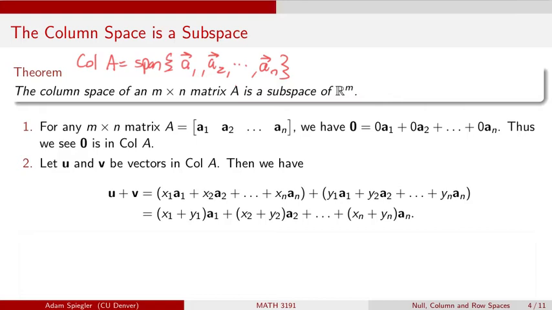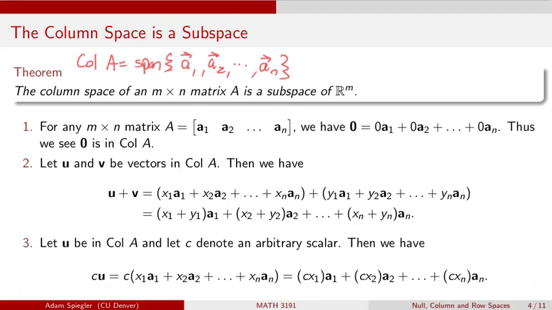So this is now the weight for column vector a1. And then I have x2 plus y2 times a2, and so on, all the way up to xn plus yn times column vector an. So I've just written this sum u plus v as a linear combination of the column vectors of matrix A. So this sum u plus v is in the column space of matrix A. So it is closed under vector addition.